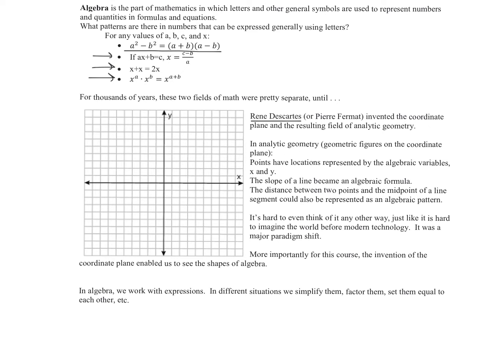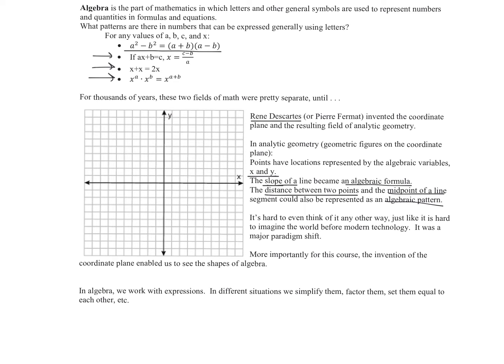Points have locations represented by algebraic variables, so we started to use variables in geometry. We talked about the slope of a line, and that's an algebraic formula. The distance between 2 points, if you remember that from last year, and midpoint are also algebraic patterns. Now, it's hard to even think of it any other way now, just like it's hard to imagine the world before modern technology.